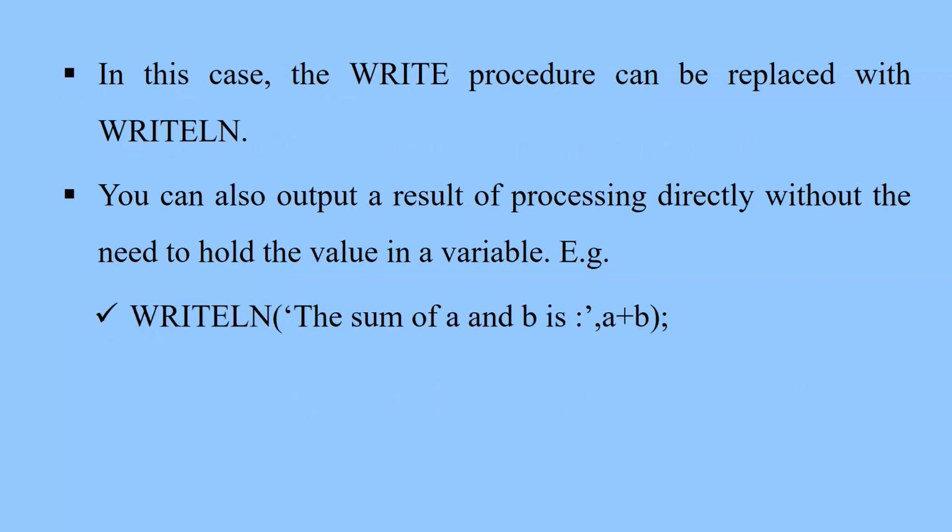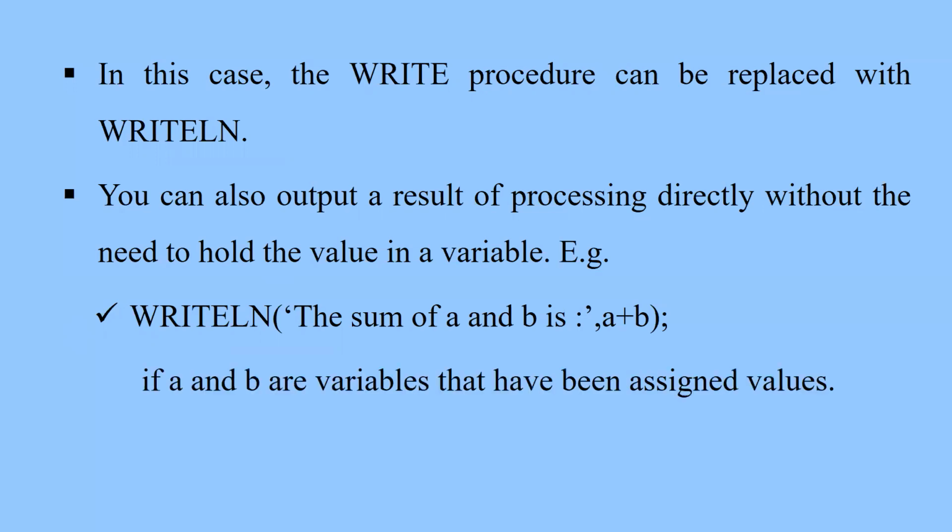For example, writeln, 'The sum of A and B is', and you just do the computation as you display on the screen, A plus B. This statement means display the following: the sum of A and B is, then display the sum of the content of A and B. So if A and B are variables that have been assigned values, then the writeln statement will pick what is in memory location A and memory location B. So those variables are added and the result is displayed on the screen without storing the result anywhere in memory.